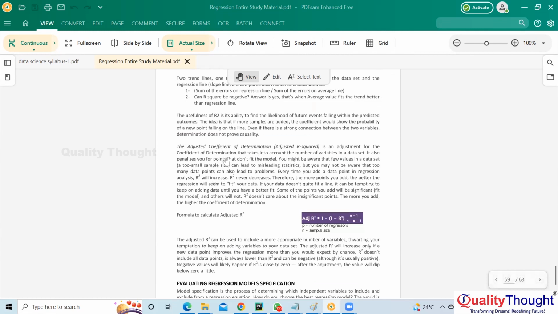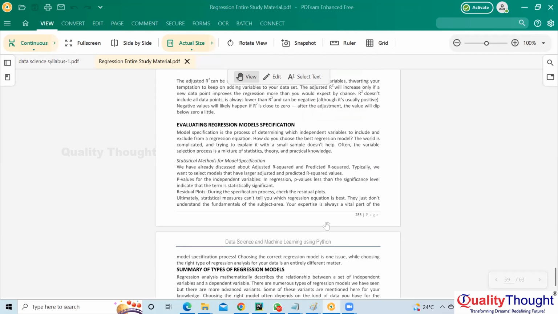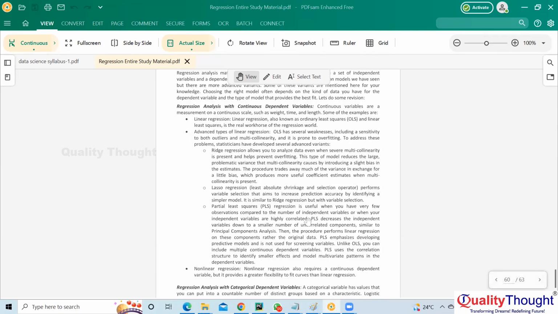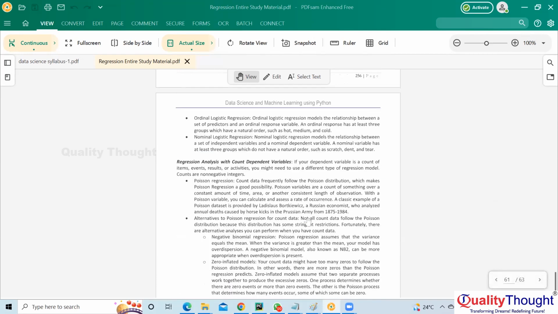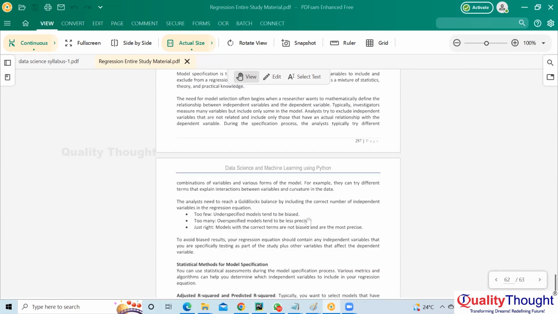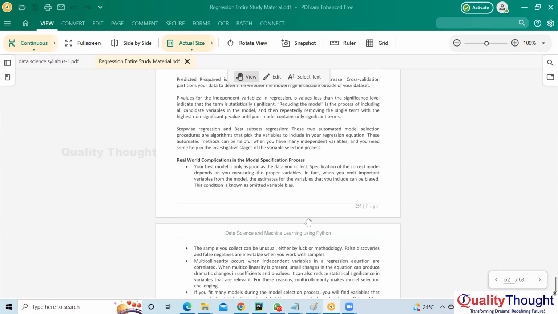And when we generally have more than one x, we prefer adjusted R square, and this is the formula of adjusted R square. P is the number of regressors. Okay, so that is it. This is all we have for regression.